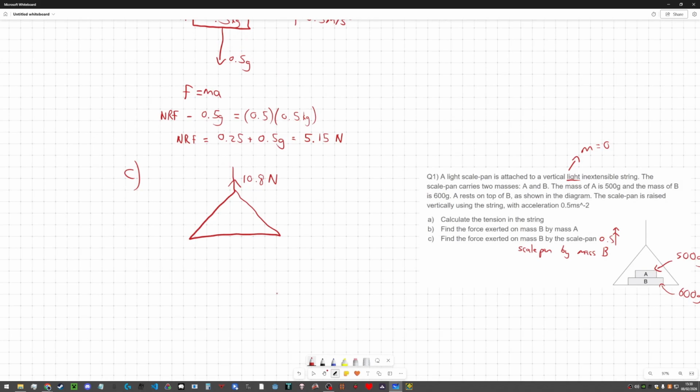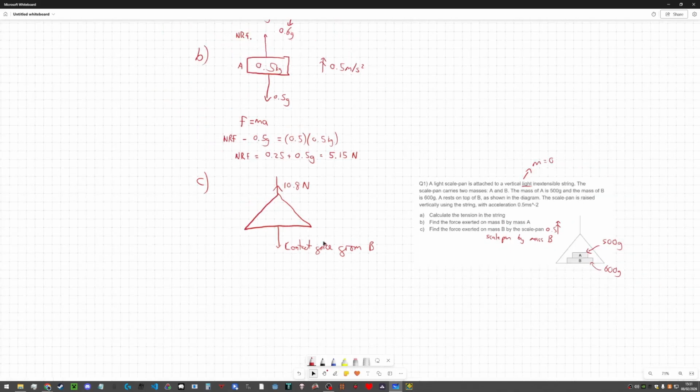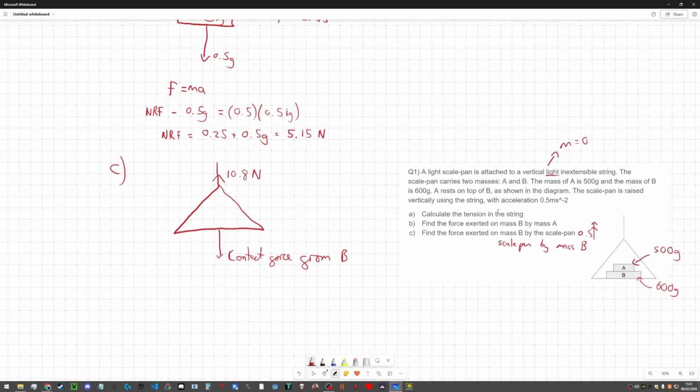And we know it's got a downwards force due to the contact force from B. The question says that the scale pan is light, so we don't need to consider its weight. As such, we can use F equals ma again.